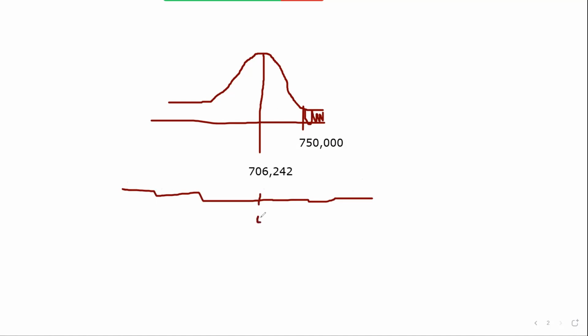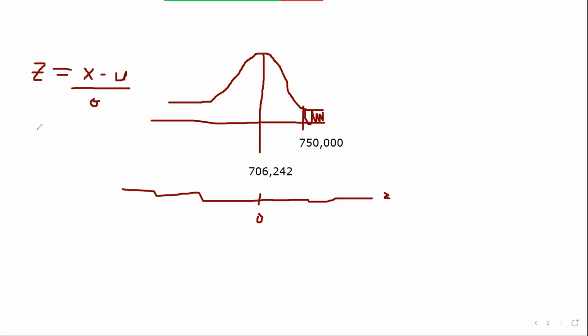So let's calculate the z-score for 750,000. Z is equal to x minus mu over sigma. It's just about plugging in the numbers.